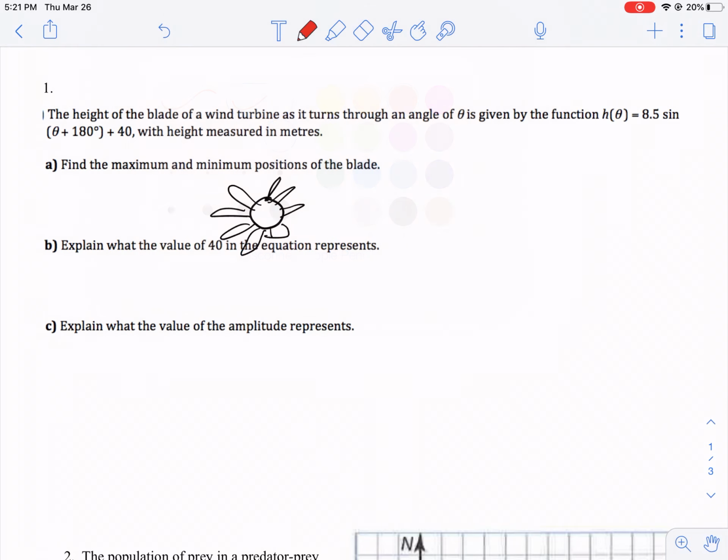Okay. And we said in the other lesson that the center of whatever circular object you're talking about is your midline. So that means the center of that wind turbine is 40 meters in the air. Your maximum position, which would be the end of the blade sticking straight up, would be whatever that midline is plus your amplitude, and that would be 8.5.